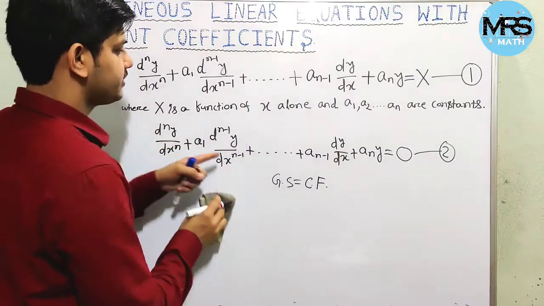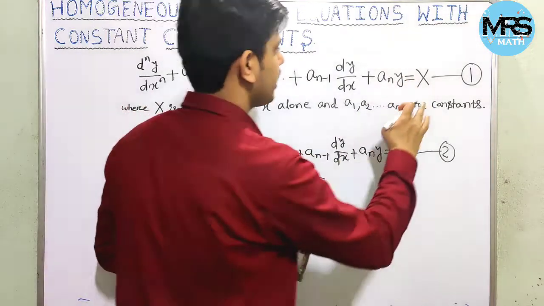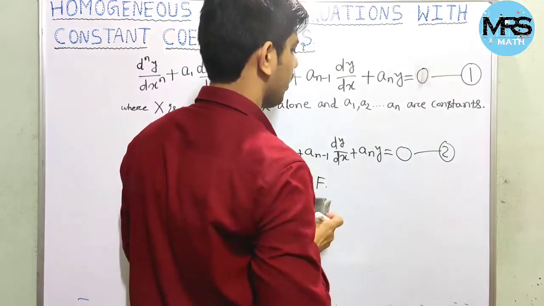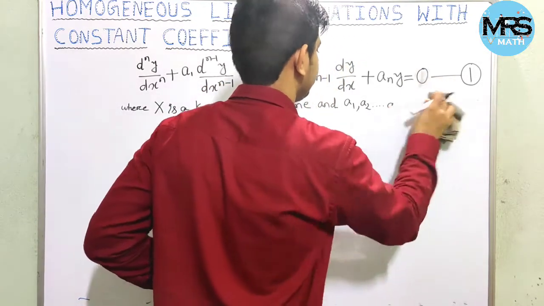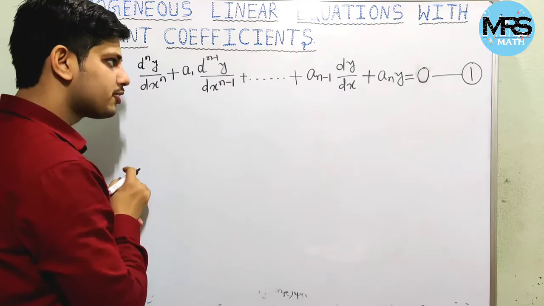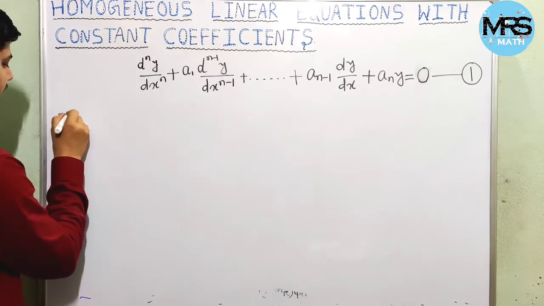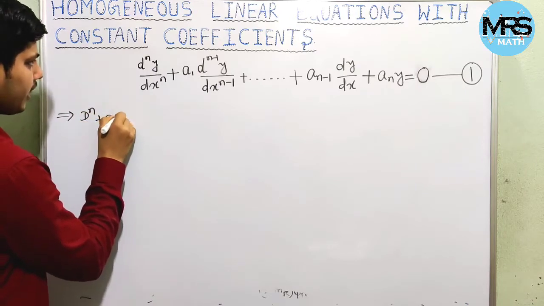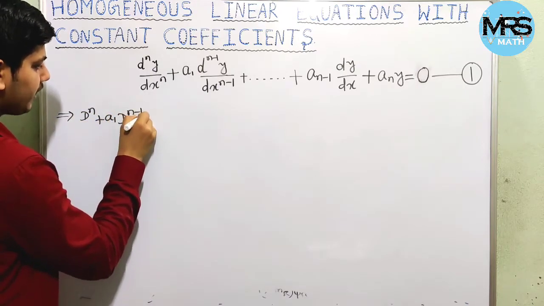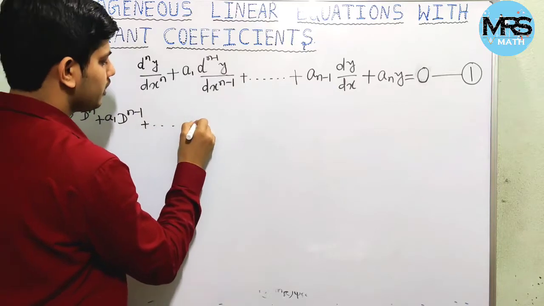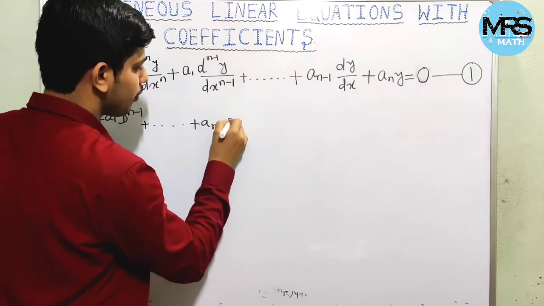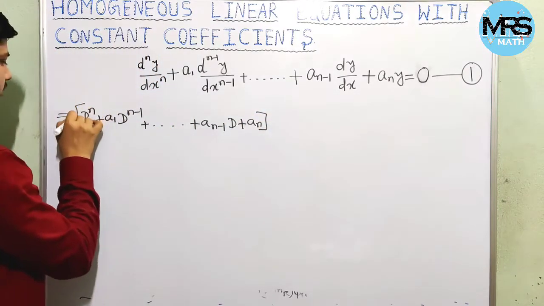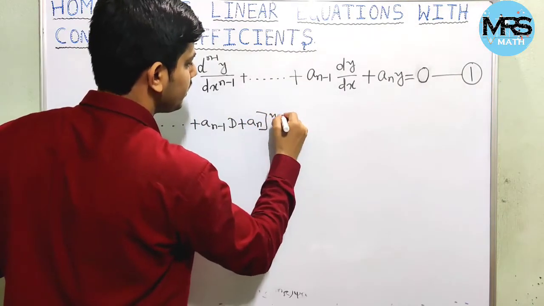Let us erase these things. This equation 1, with the right-hand side taken as 0, symbolically we can write as Dn plus a1 Dn minus 1, and so on up to an minus 1 D plus an, into y equal to 0.